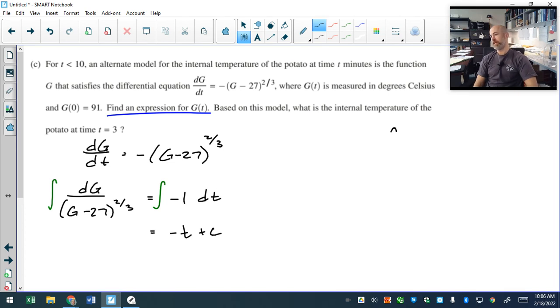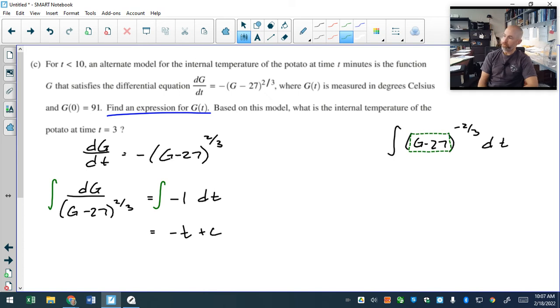To do this antiderivative, it's not a natural log. My top is not the derivative of that whole bottom. So I'm going to bring the g minus 27 up, make it to the negative 2/3. And this one is going to be a quick one. Technically, it falls under the u sub category because we do have something ugly on the inside.